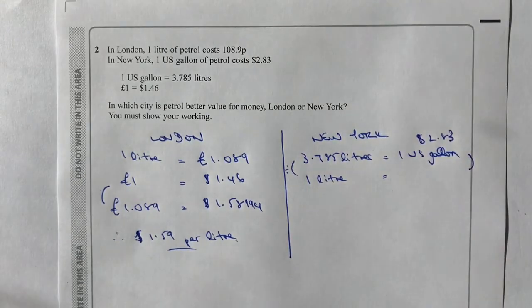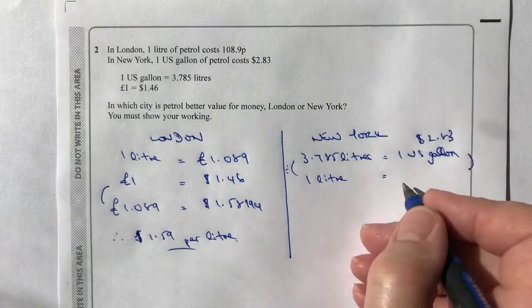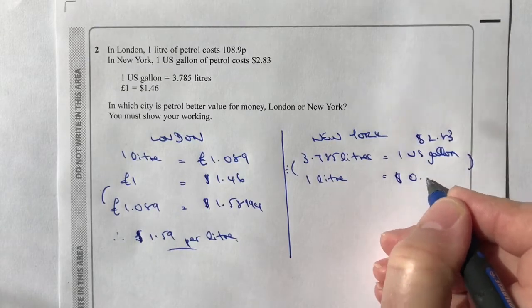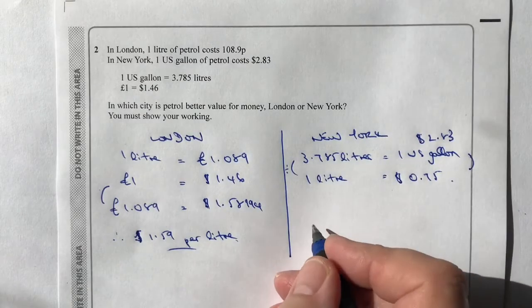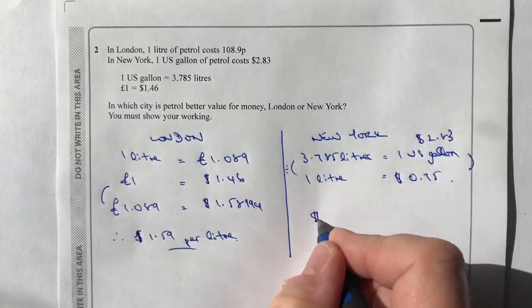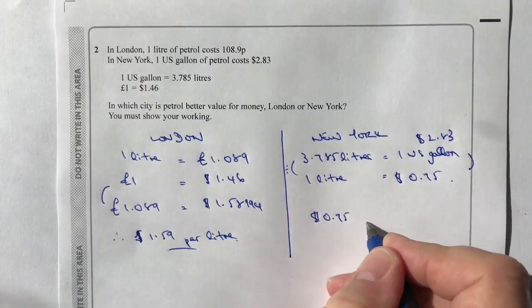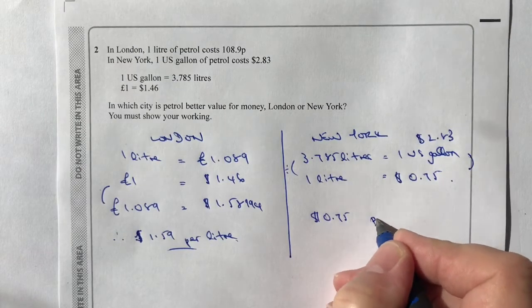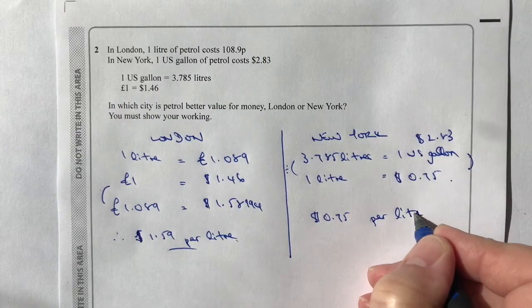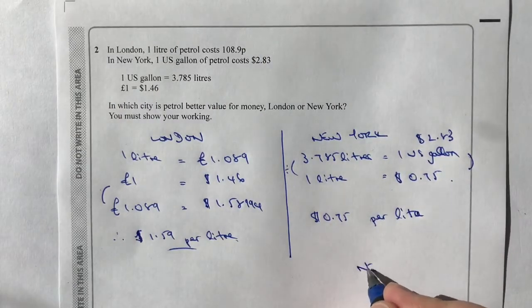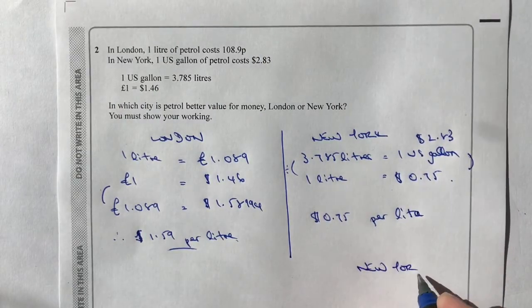I'm going to divide that through again, and I'm going to get 75 cents, 0.75. Okay, so therefore I know that in New York 1 litre is going to cost me 75 cents. Okay, so therefore in answer to the question, New York is going to be the better option for me.